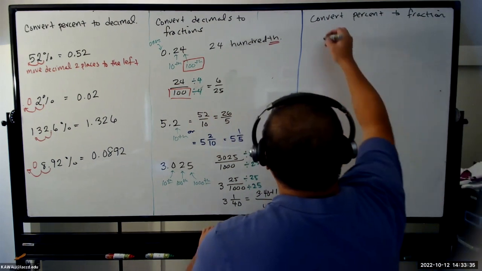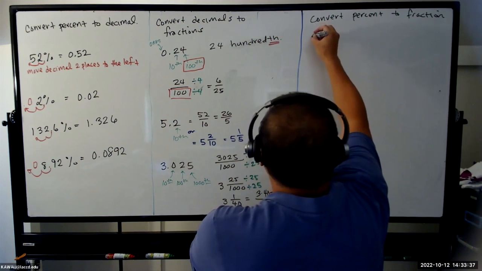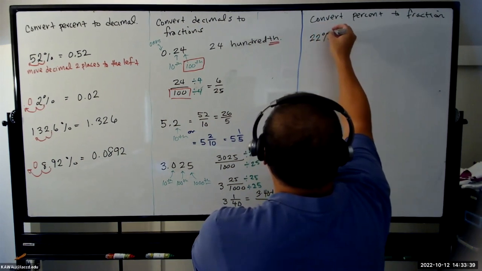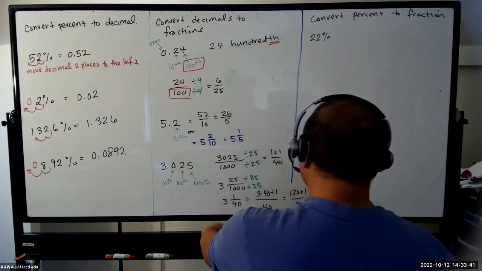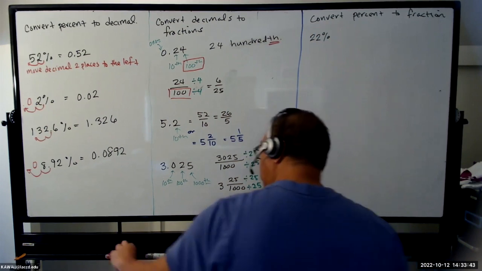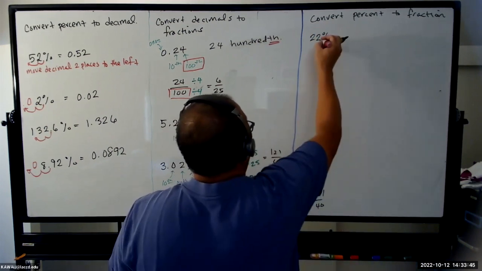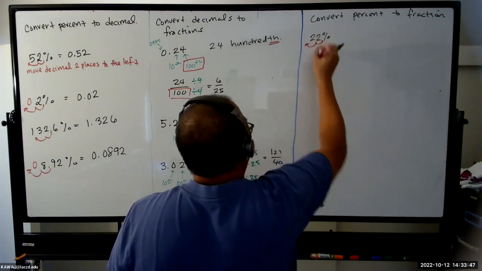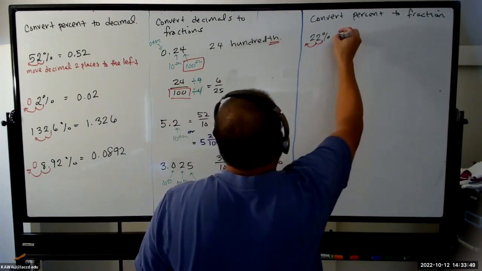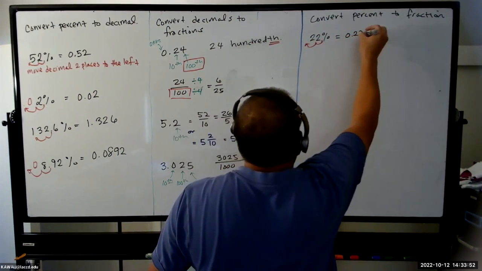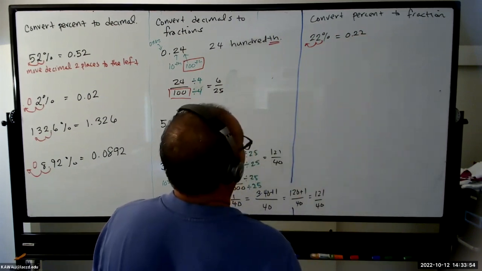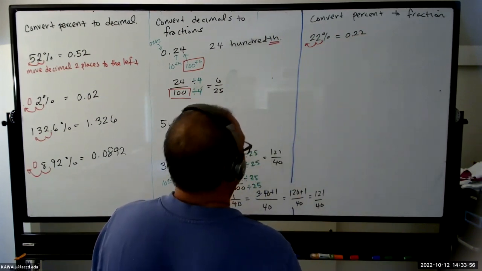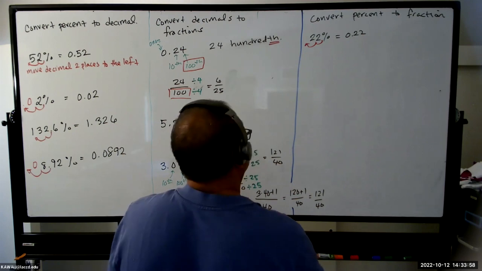So let's say I have something that is like 22%. I can change 22% by moving this 2 places into a decimal. And then I can say, what place am I in?